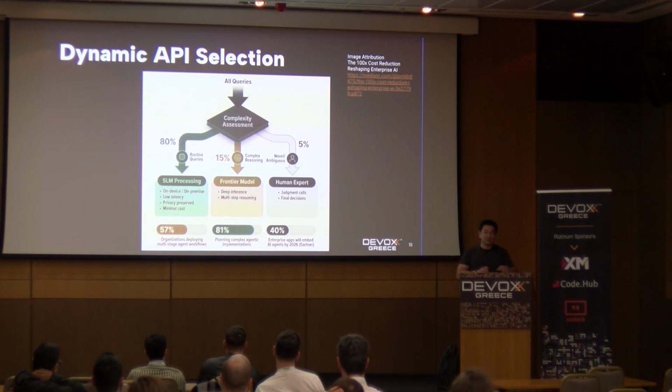Then 15% might require advanced reasoning. It's a very complex problem, so I'm going to feed it to a large language model because it requires that extra reasoning, the larger context window and all that great stuff. And 5% of the problems might roughly require human intervention, right?